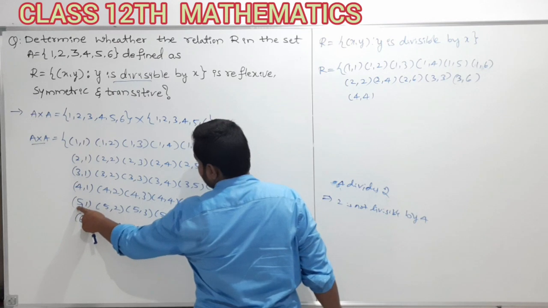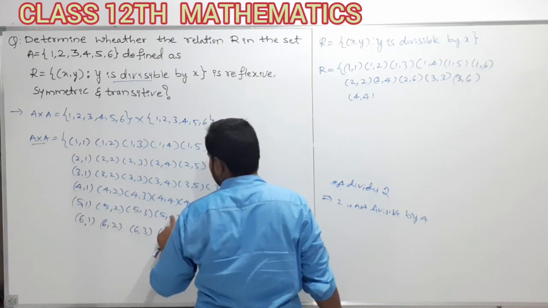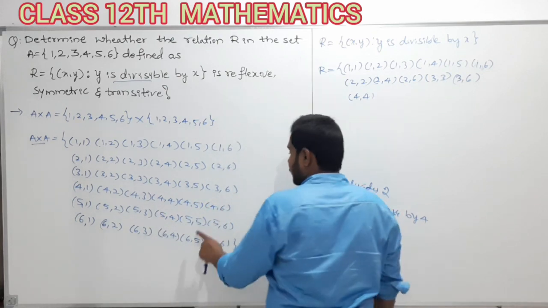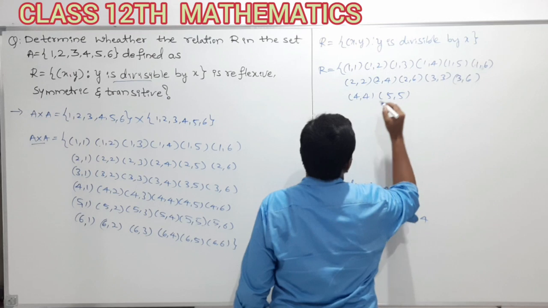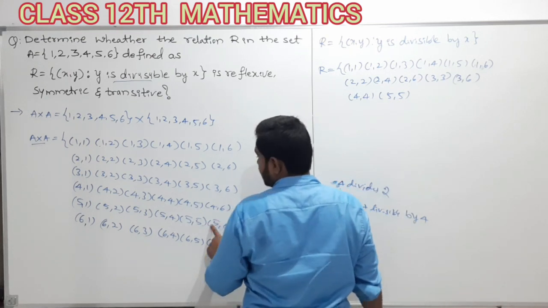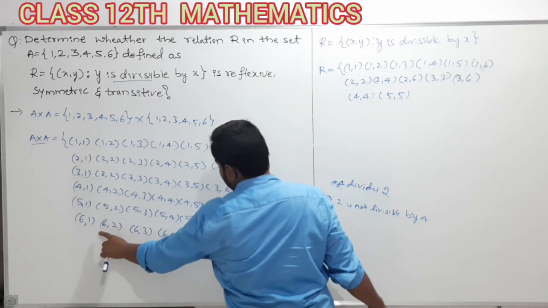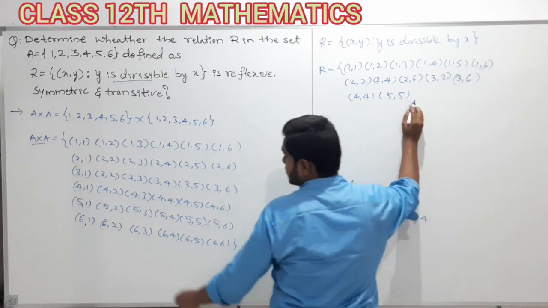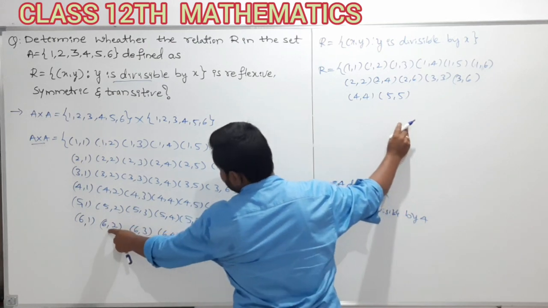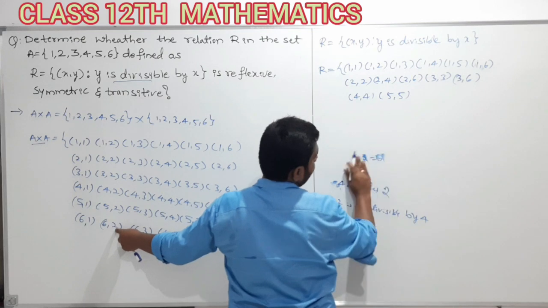1 is not divisible by 5, 2 is not divisible by 5, 3 is not divisible by 5, 4 is not divisible by 5, and (5, 5), 5 is divisible by 5. I can write (5, 5), my dear students. And next, 6 is not divisible by 5. 1 is not divisible by 6, 2 is also not divisible by 6, because I cannot write 2 as 6 into some value.